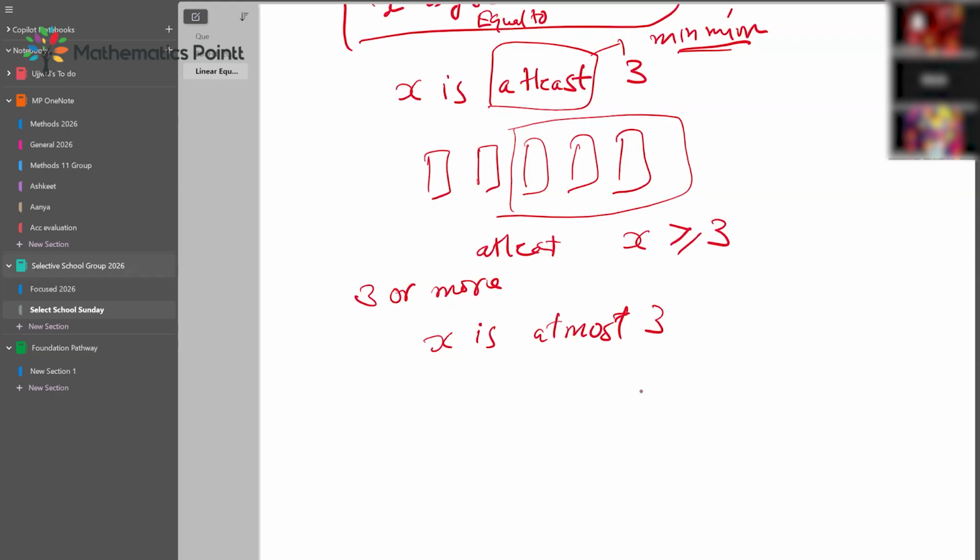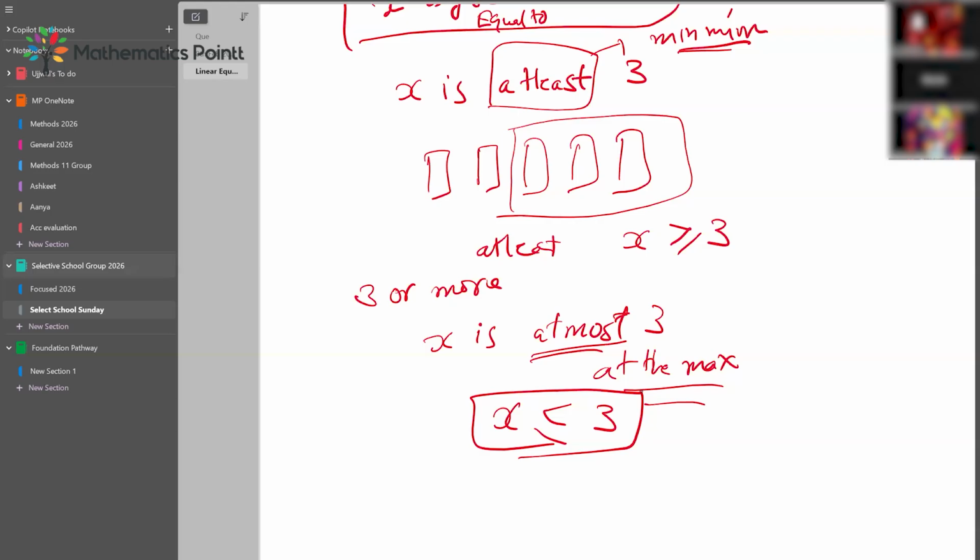I need all of you to write it down once. At most means at the max. Maximum. You should not go over 3. So x should be less than or equal to 3. This is what at most and at least mean. Remember that always. It is very, very frequently asked.